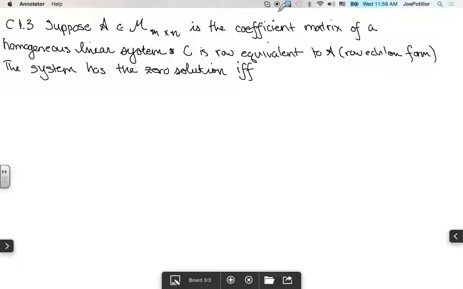IFF means if and only if, by the way, because I'm lazy and don't feel like writing it out for you today. Otherwise, the system has infinitely many solutions.